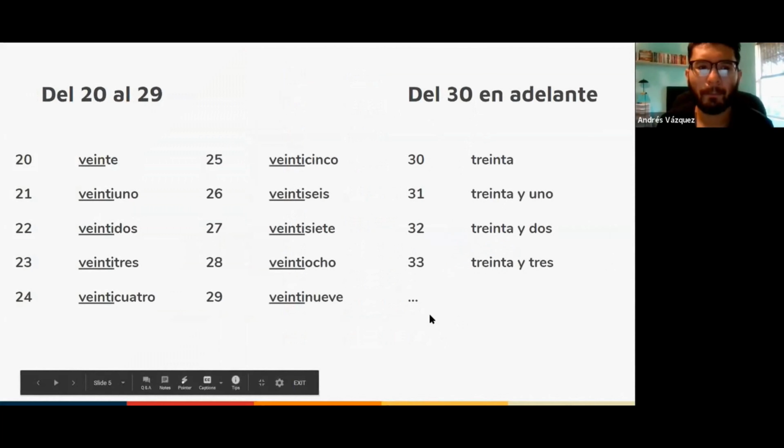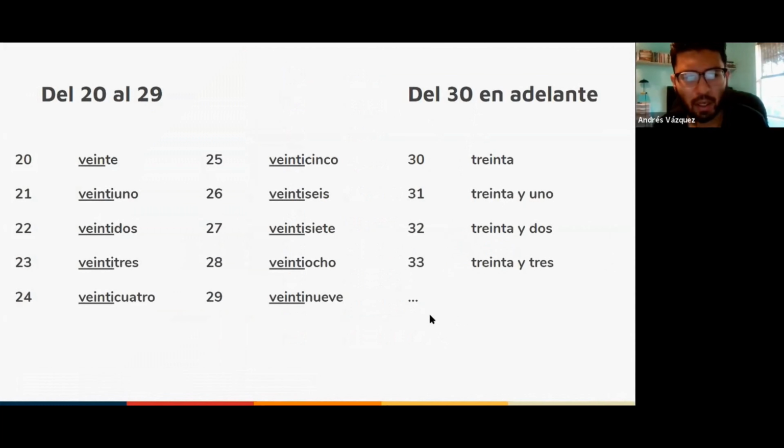Muy bien. So when we start looking at 20s, we see again the same pattern: 20, 21, 22, 23, 24. If anything, the only thing that changes here is that we have 20 that ends with an E, and then we change that to 20 with an I. So we have that letter change.